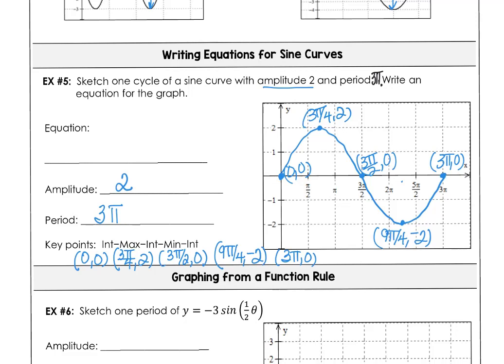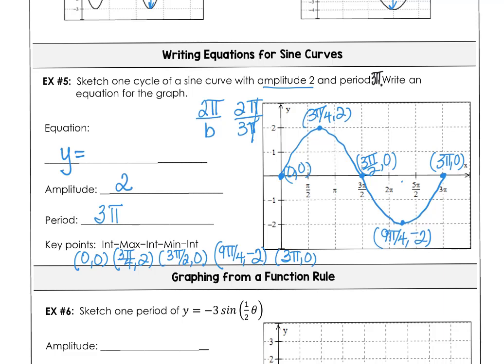So the b value is going to be 2 pi over 3 pi. To find the period, we do 2 pi over b, and our period is 3 pi. So 2 pi over 3 pi makes our b value 2/3.